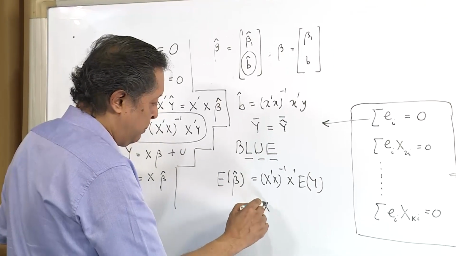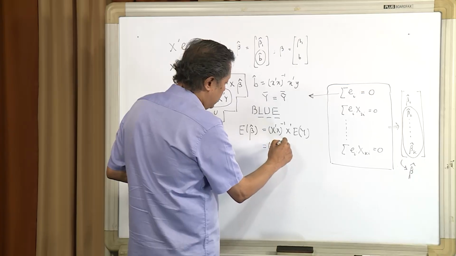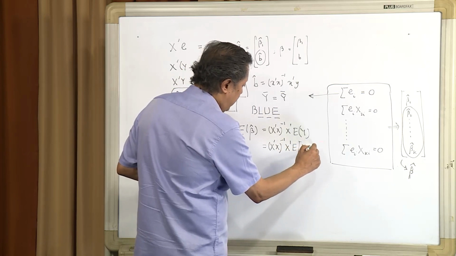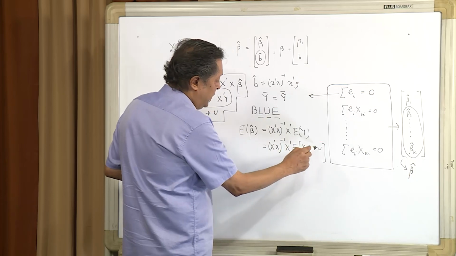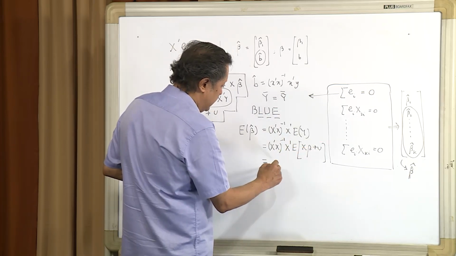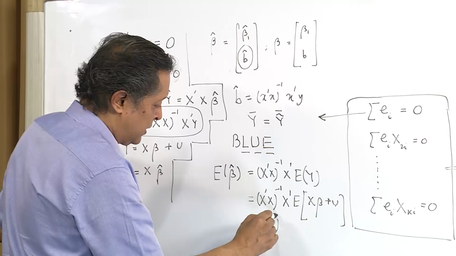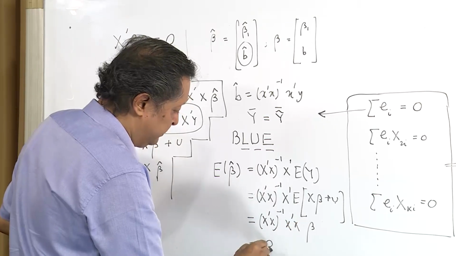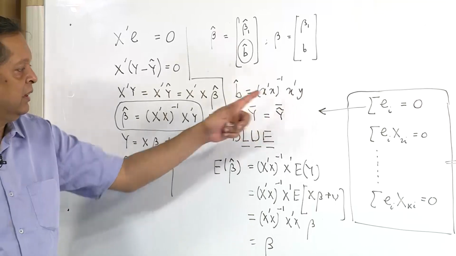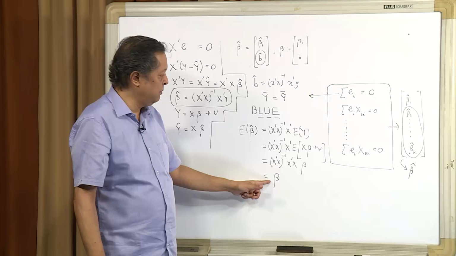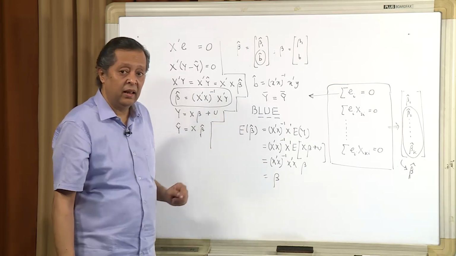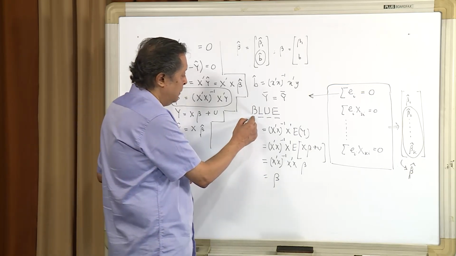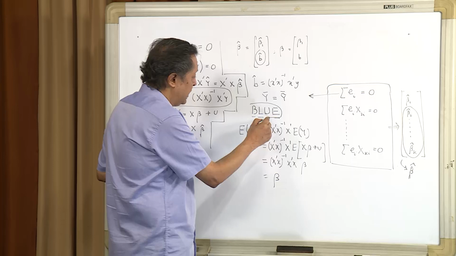So, this is equal to X prime X inverse X prime expectation of X beta plus u, while expectation of u is already equal to 0. Therefore, we get X prime X inverse X prime X beta, which is nothing but beta. So, it is an unbiased estimate, it is linear, and among the class of linear unbiased estimates, the variance is minimum. That is why we call it the best linear unbiased estimate.